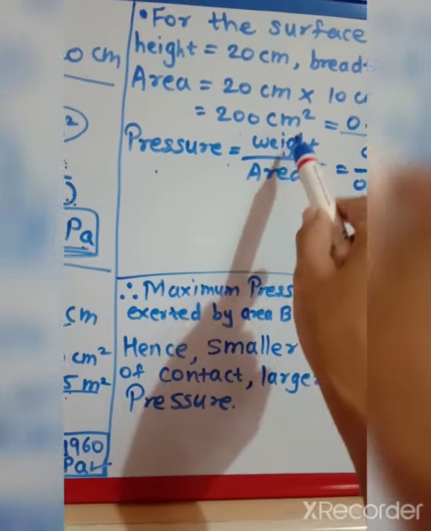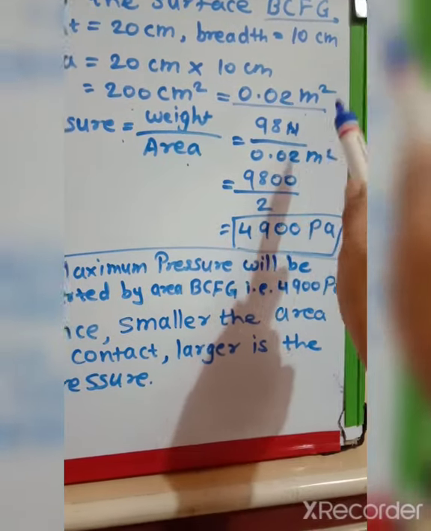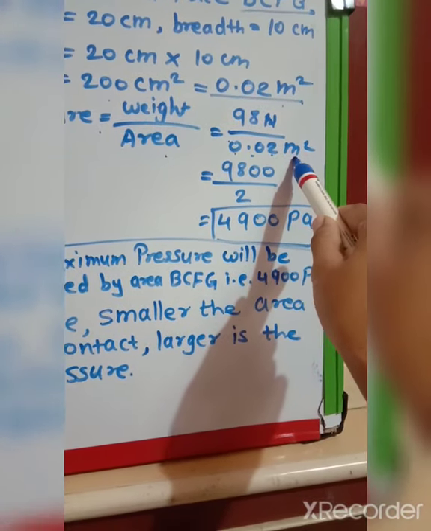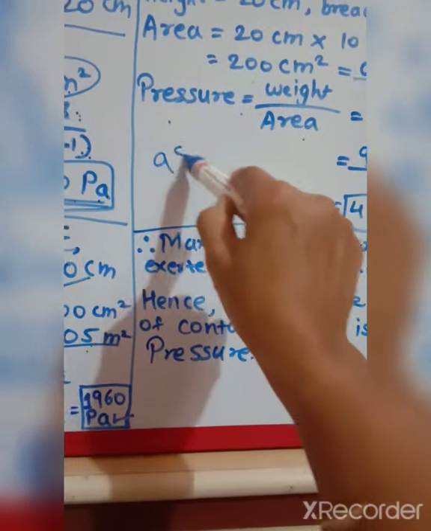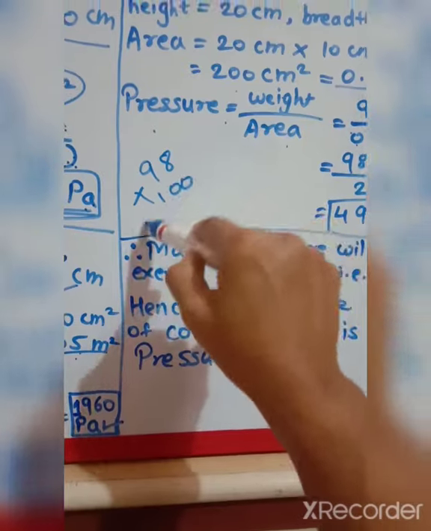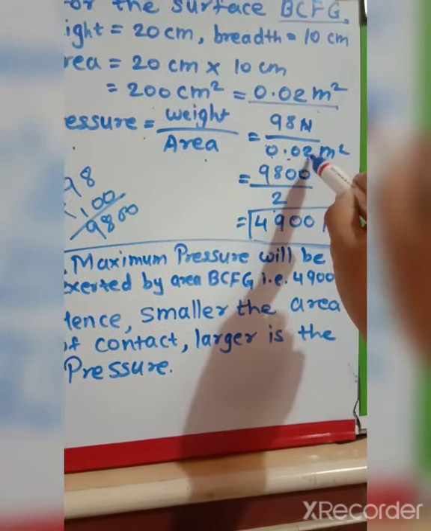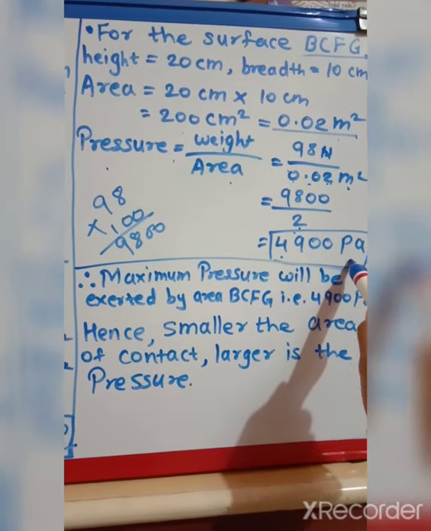Pressure is equal to weight upon area. Weight is 98 N, that is Newton, divided by 0.02 meter square, that is the area. So again 98 multiplied by 100, so that is 9800. 9800 divided by 2 will become 4900 Pascal.